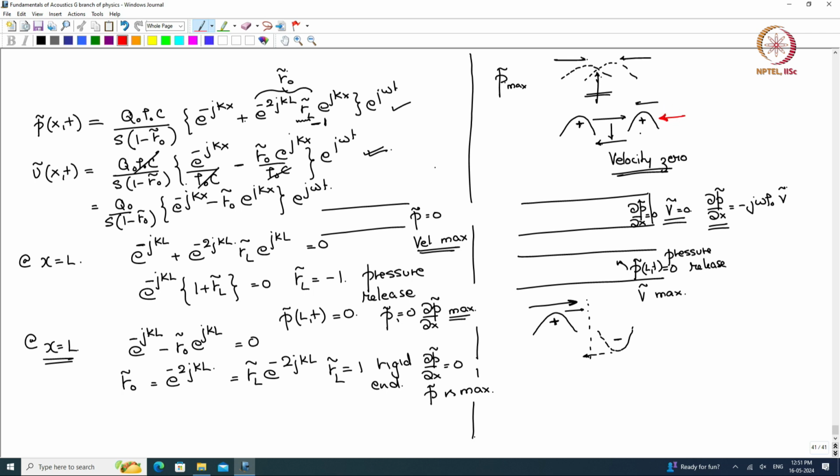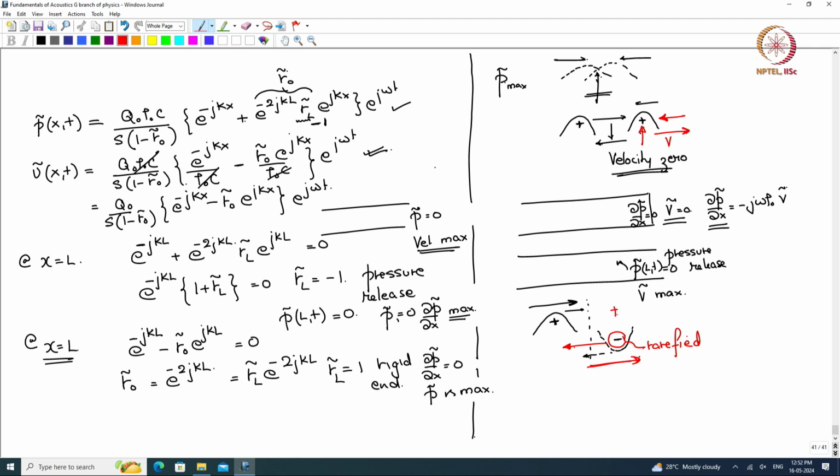So if this is rarefied, it is a suction, then the velocity will switch sign, it will become this way. If this switches sign, then the velocity direction switches sign. So this has switched sign from compression, so it is a rarefied wave, and therefore even though it is going this way, the velocity will be this way.